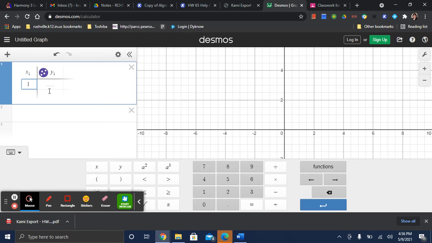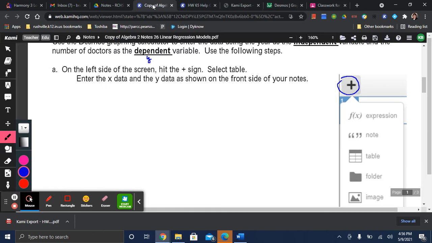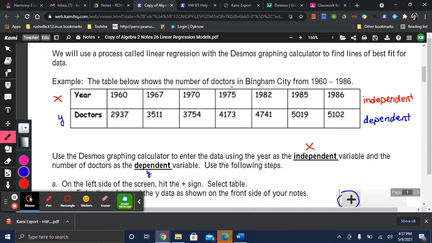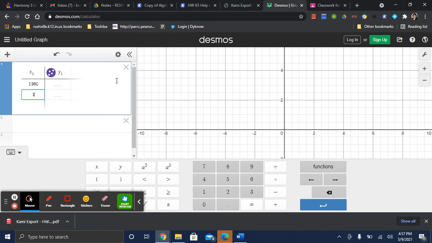And I may have to flip back and forth between the two screens. So I think the first year was 1960. I find it easiest to go through and do all of the years first. So let me scroll back up here. 67, 70, 75. Get those.